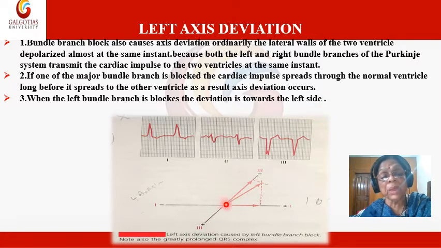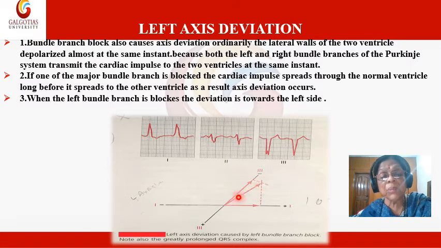This can be seen here in this case. This is the recording of lead 1. This is the recording of lead 3. And if we draw the perpendicular and join at this point, at the point of intersection up to this point a line is drawn.